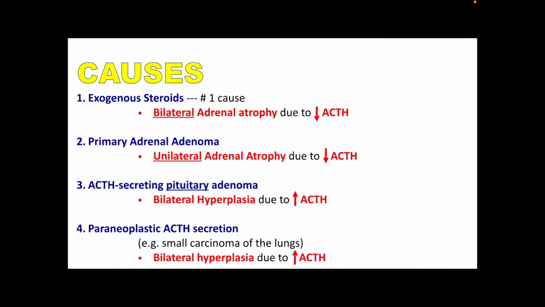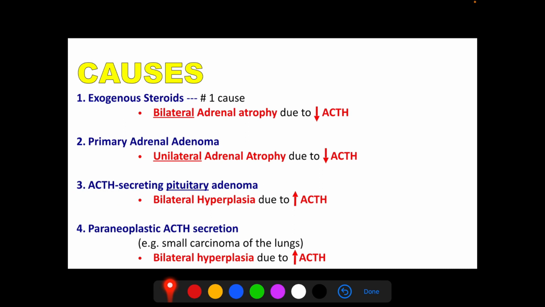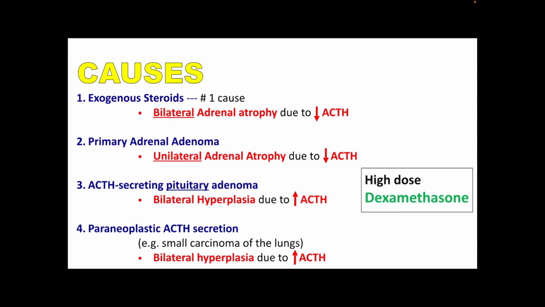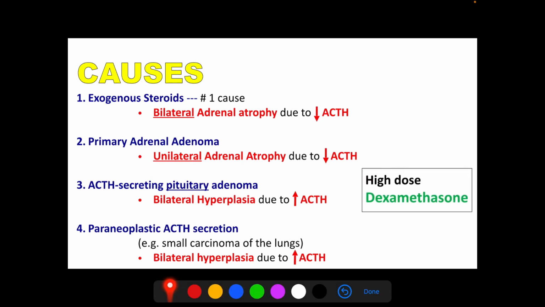So in the clinical setting, in order to differentiate the ACTH secreting pituitary adenoma from paraneoplastic ACTH secretion, a high dose of dexamethasone is given to the patient. Just remember that dexamethasone is an exogenous steroid. That provides a negative feedback to the pituitary gland to suppress the secretion of ACTH, meaning it decreases the ACTH levels.